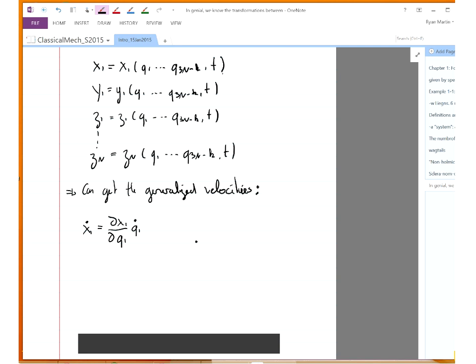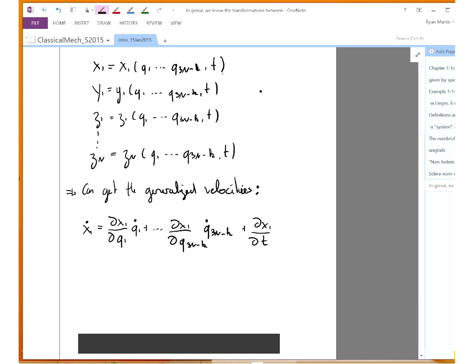So dx1 by dt, which is x1 dot, is di x1 by di q1 times q1 dot, plus all of them, up to di x1 by di q3n minus k times q3n minus k dot, and there's a term at the end, plus di x1 by di t.